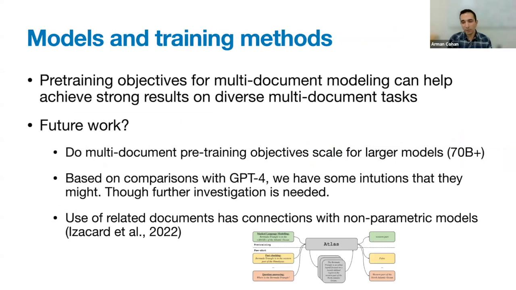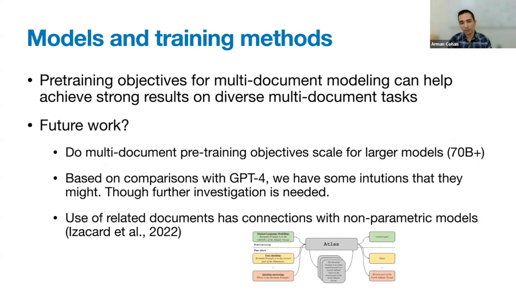But one question that remains, and we didn't have the budget to explore, was do multi-document pre-training objectives actually scale for larger models? Does it matter if you have a very big model? Do you still see such big improvements? We think yes, at least to some extent, because our initial comparisons with GPT-4 were very promising.